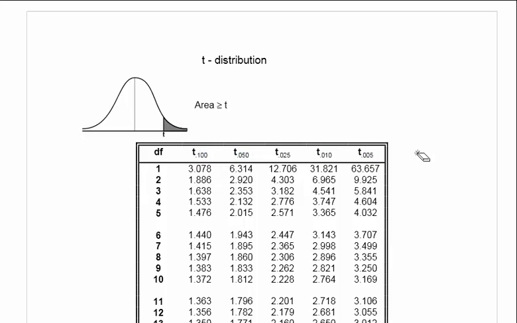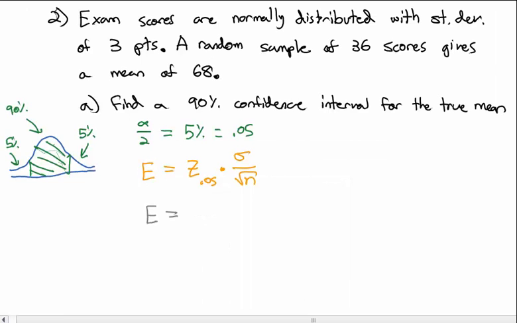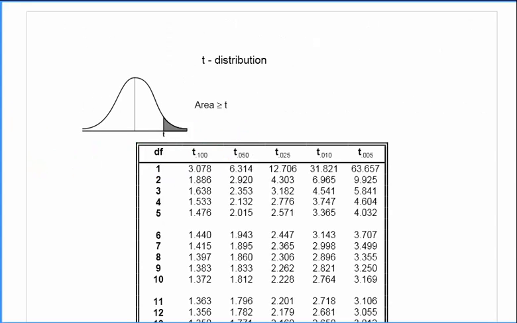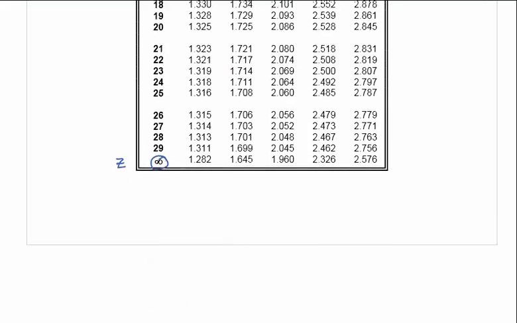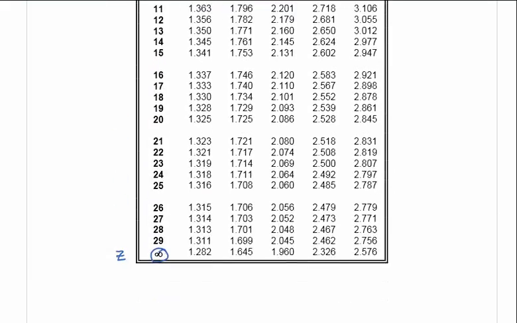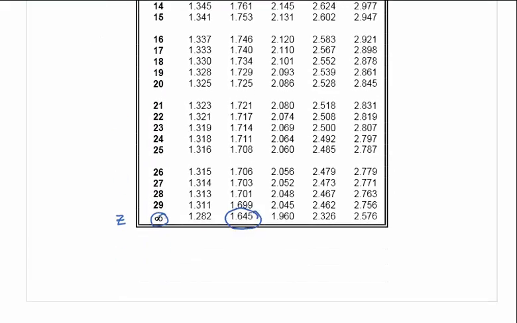So for our data, we wanted the tail to have 0.05 in it. So if we go to our table, we want 0.05 in the table, and we go all the way to the bottom. That's the second column. We're going to use 1.645 for our z value.